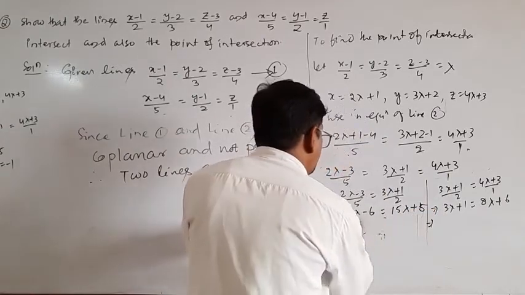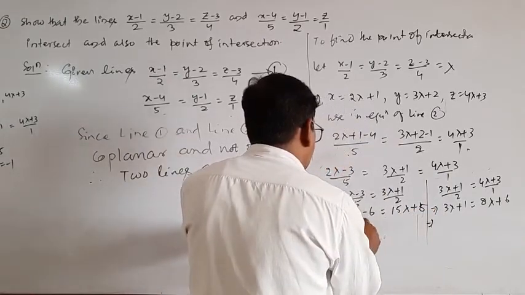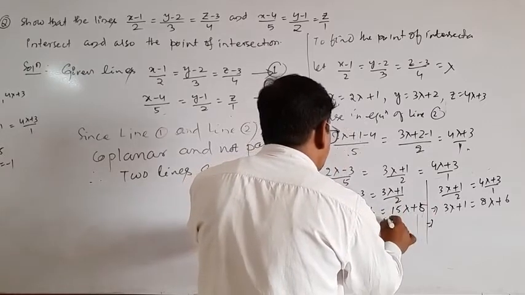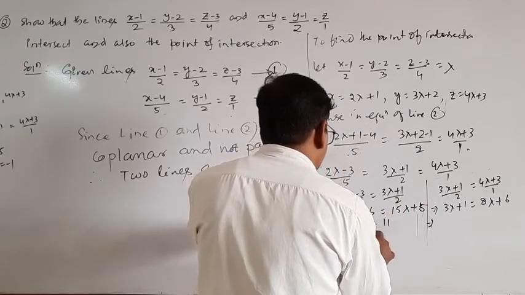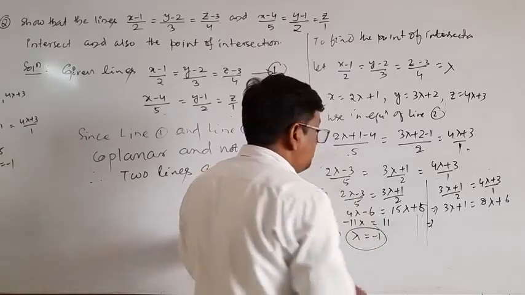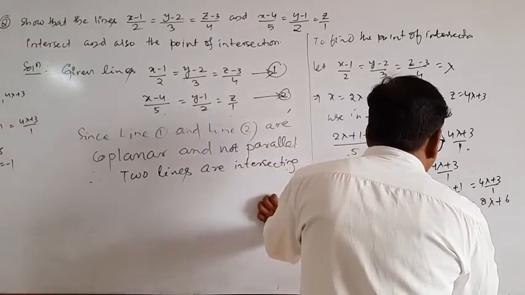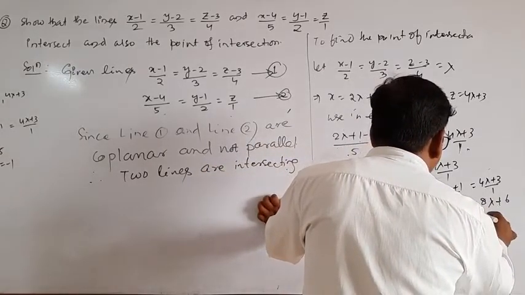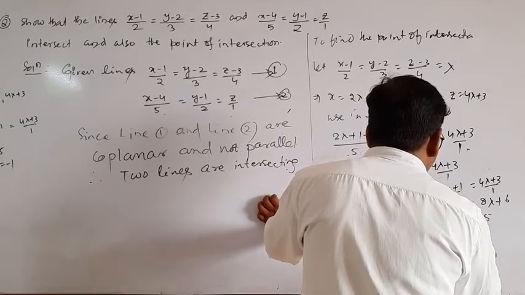So this is equal to minus 11 lambda, and this is equal to 11. So lambda is equal to minus 1. Here also minus 5 lambda is equal to 5, and lambda is equal to minus 1.